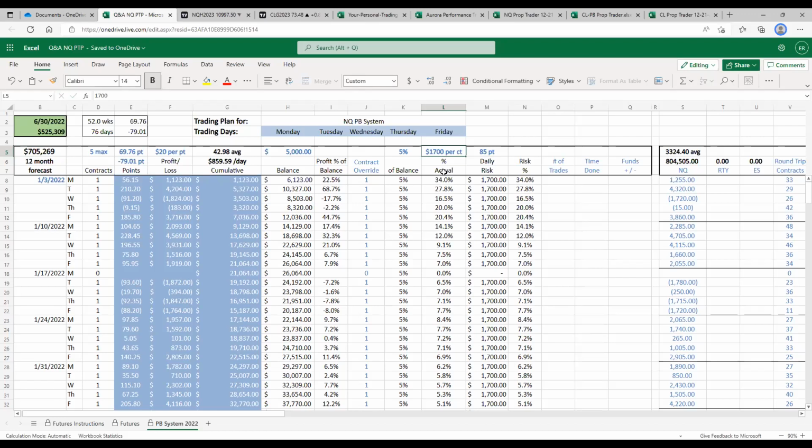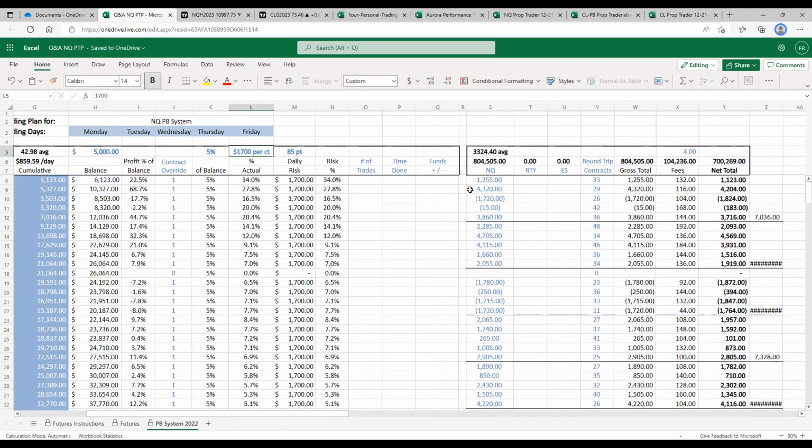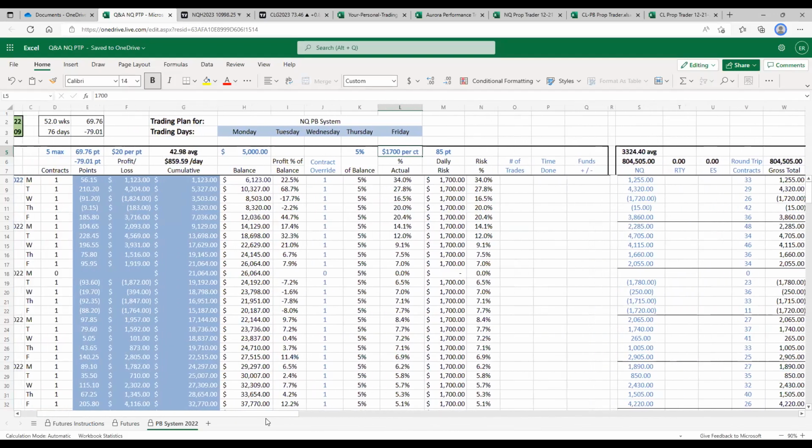So there are some days that after commissions and fees, we ended up past that 85 points, because the numbers that you're seeing here are net numbers after commissions and fees. The numbers that we record over here are gross with our contracts, to then give us the total net amount after commissions and fees.